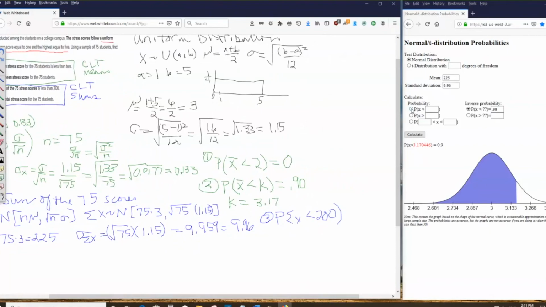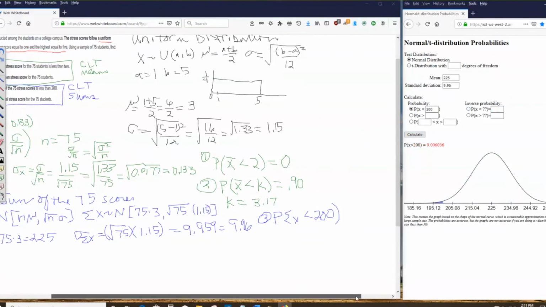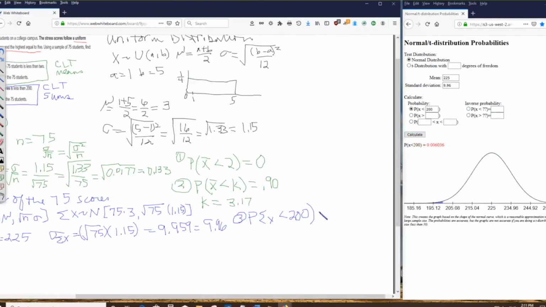So we're going to go probability x less than 200. Go ahead and clear that. Hit calculate. And once again, this is also a pretty small value. That's going to be 0.006036. So we have about a 0.6% probability that it's going to be less than 200.